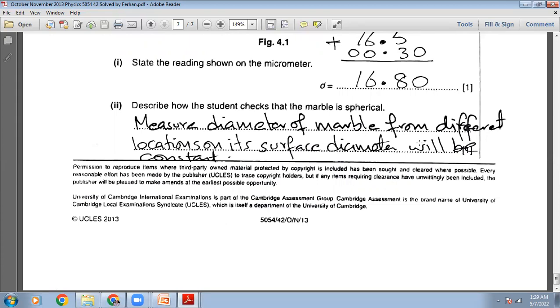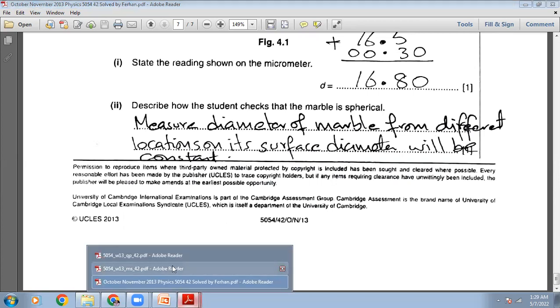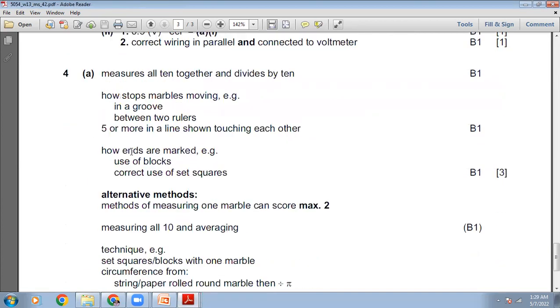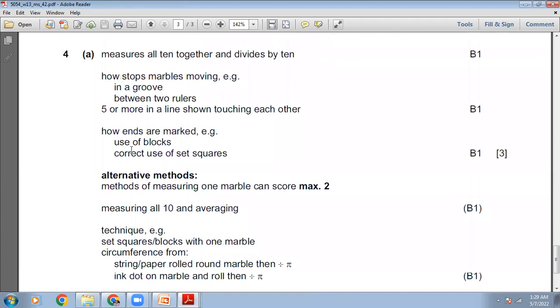So measure the diameter of the marble from different locations on its surface, and the diameter will be constant. If the diameter is constant, then it's a perfect sphere.